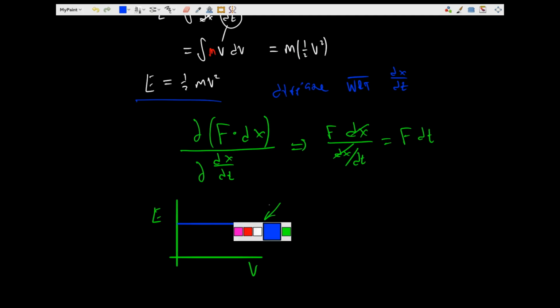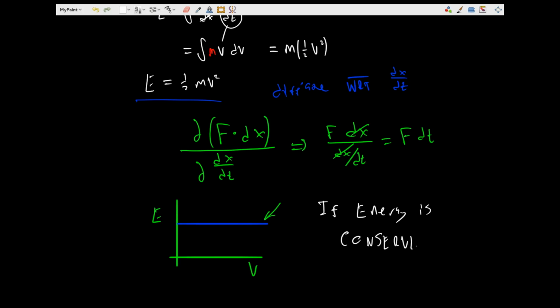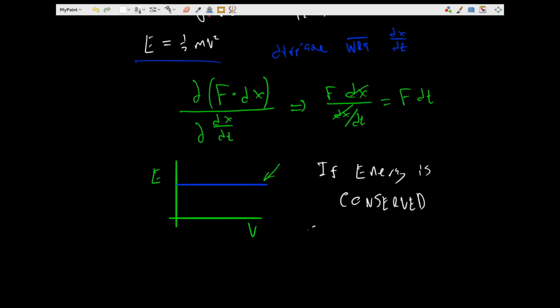In other words, if energy is conserved, so too is momentum.